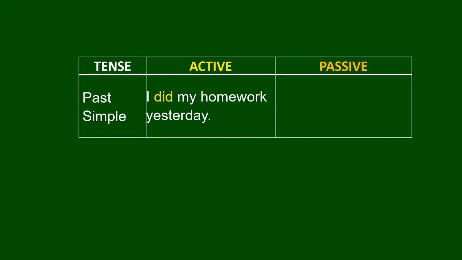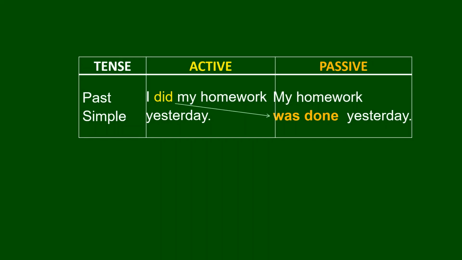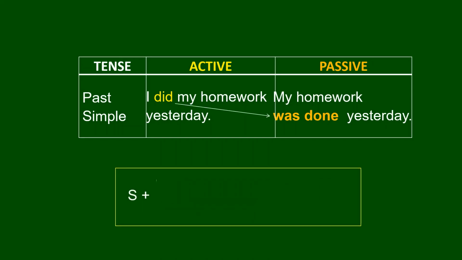"My homework" is an uncountable noun, so I will write "was," and the answer is: my homework was done yesterday. And the form of passive voice in past simple is S + was/were + verb past participle + by someone.